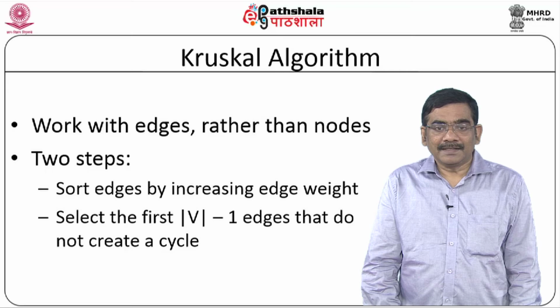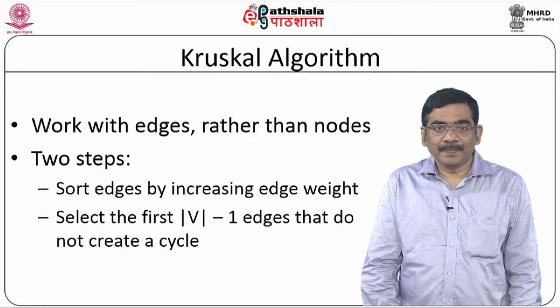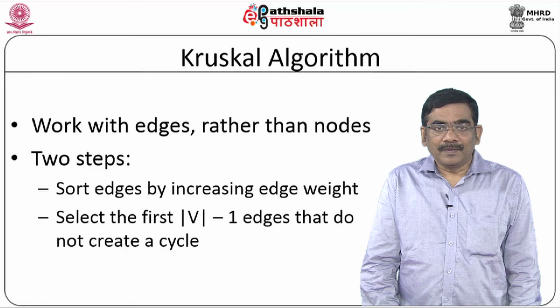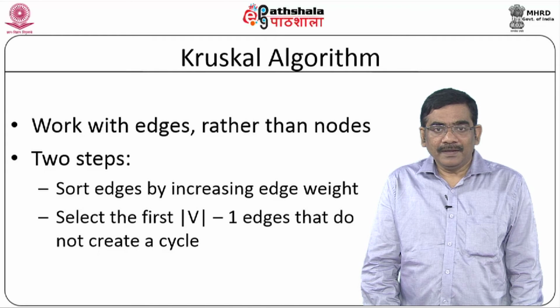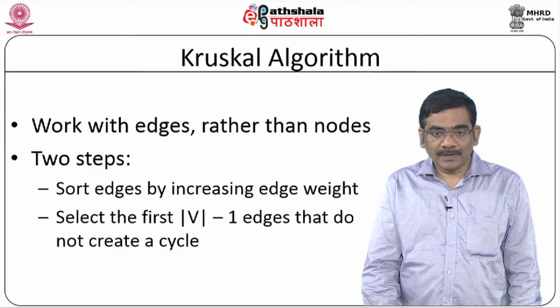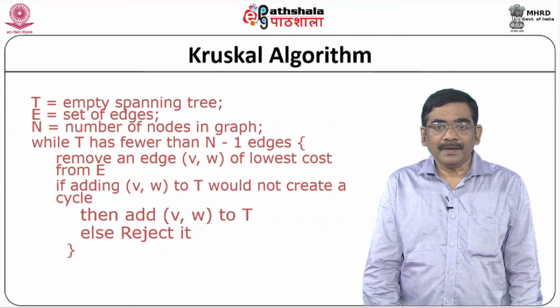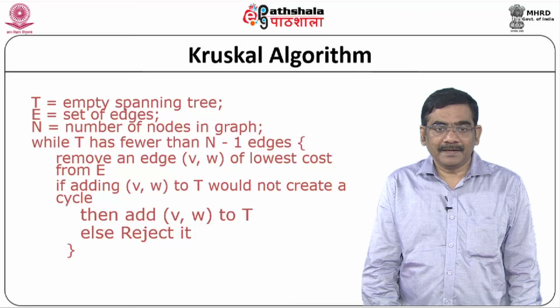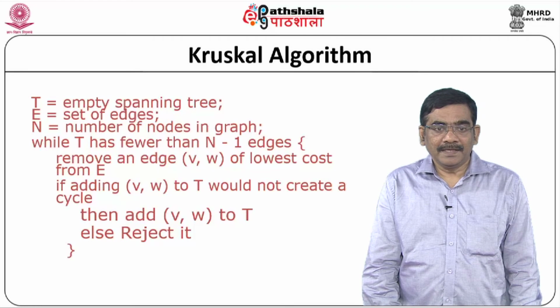Then we are selecting the first mod V minus 1 edges that do not create any cycle. This is the informal algorithm. T is the empty spanning tree, E is the set of edges, N is the number of nodes in the graph.